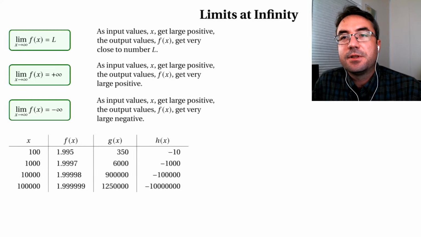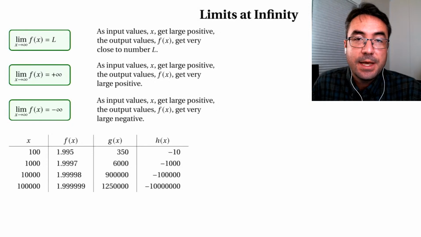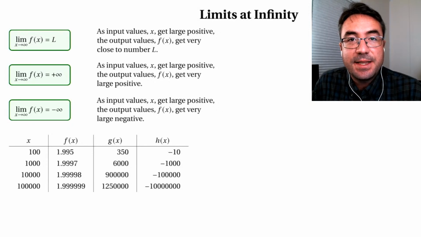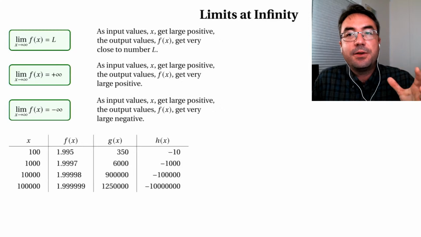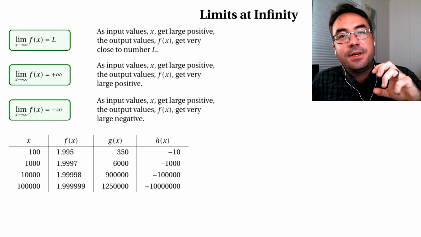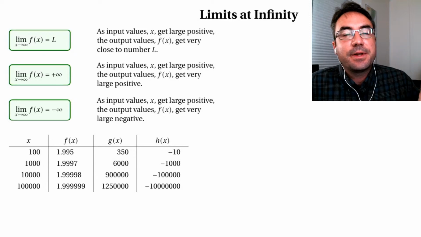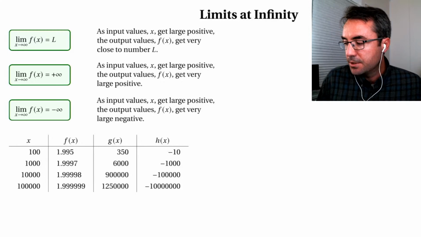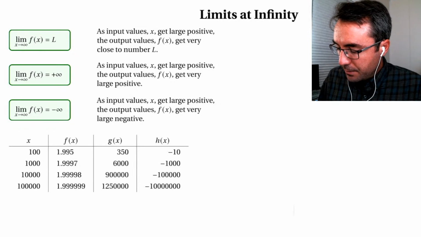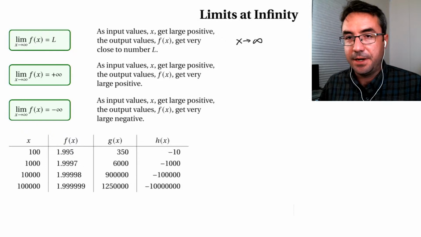So we say the limit of f of x as x approaches infinity is equal to the number L. And what this means is that as our input values x get very large positive, the output values of our function f of x get very close to some number L. So what we're doing here, really what's new, is we're saying x approaches infinity.